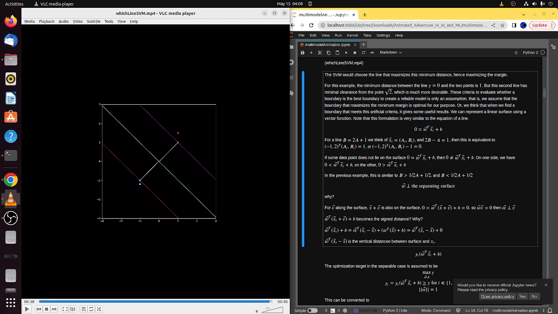But to do this, you need the formulation of the line, right? You can't just tell the computer this is a line; you have to give it the formula. To formulate a line, we can use this formula: wx plus b. So what is xi?